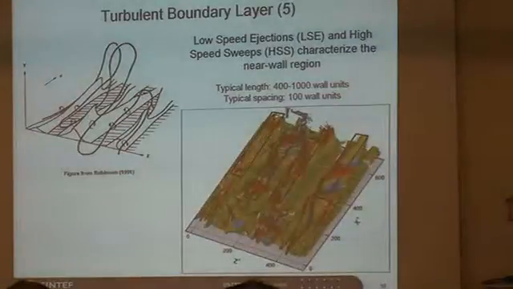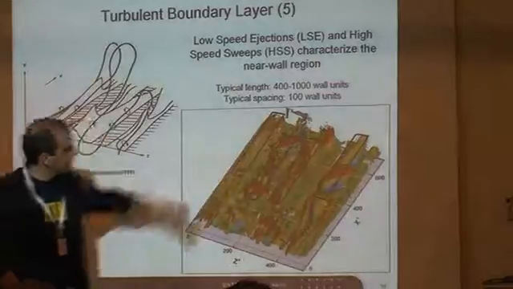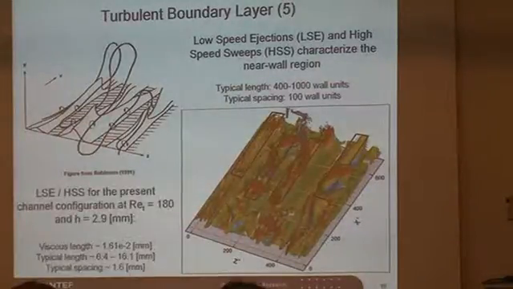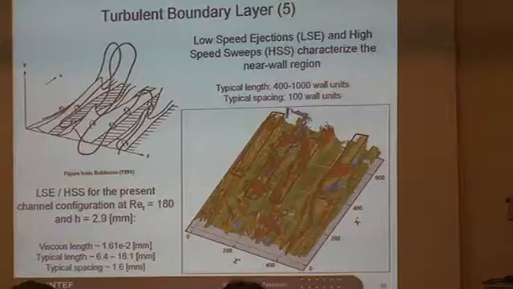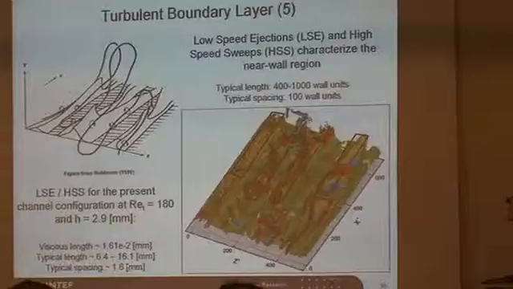This is from one of the simulations. You can see the ejections. If you take this typical spacing and bring it to millimeters for my case, then for this viscous length, the typical length of the structure is about 6 millimeters, and the typical spacing 1.6 millimeters.